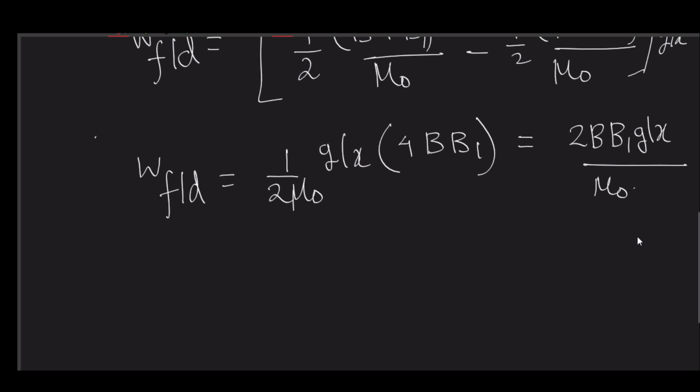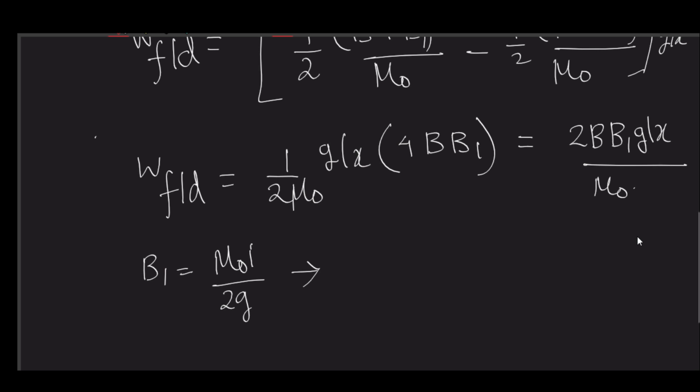Now substitute B1. What is B1? B1 is mu naught I by 2G. So you replace it here.